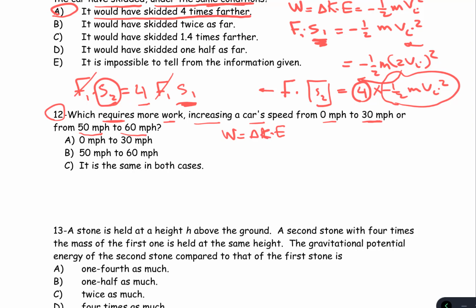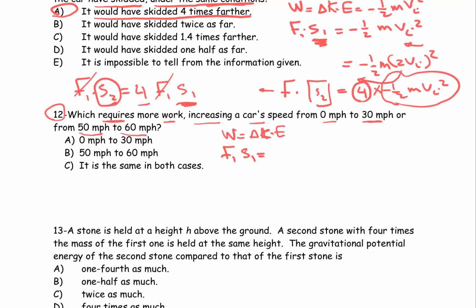Let's describe the first case. Imagine the mass of the car is the same for both cars. And imagine that instead of miles per hour, we make it meters per second for all, to make it easier.